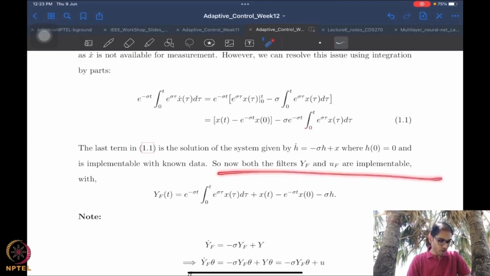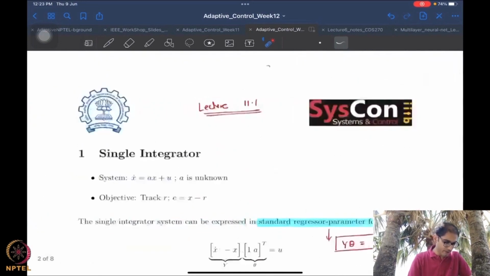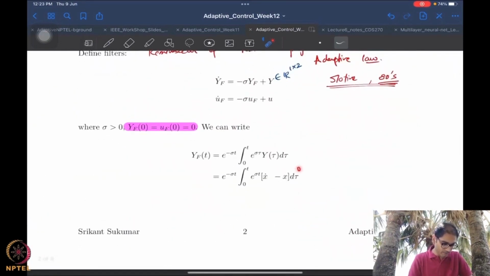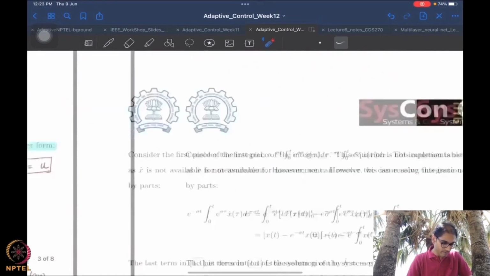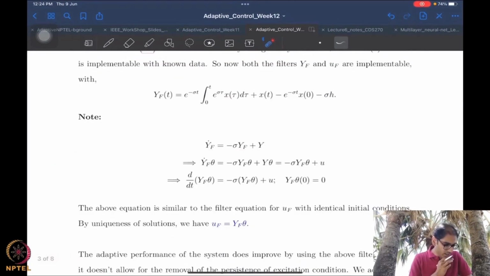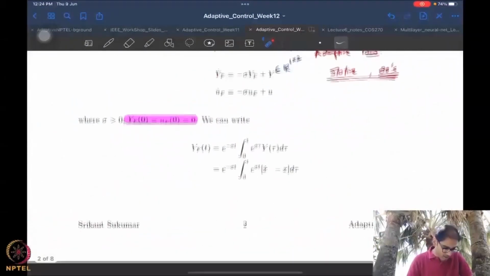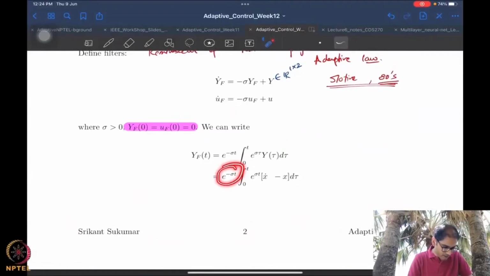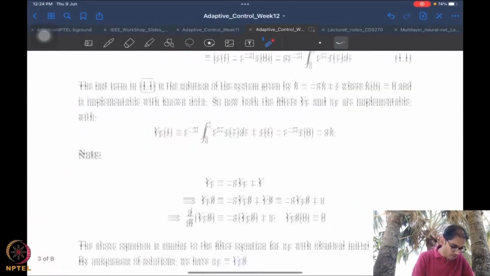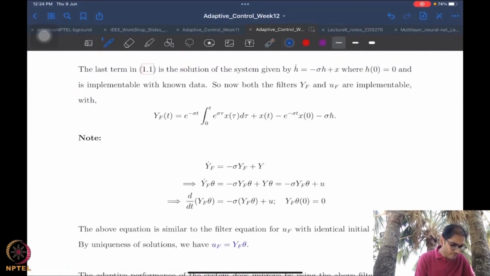So therefore, what do we have? We have yf is actually equal to e to the power minus sigma t, integral of e to the power sigma tau x tau d tau. This is the second term, by the way. I hope I got the sign correct. I think the second term is a negative term, so this should be a negative sign, I believe.